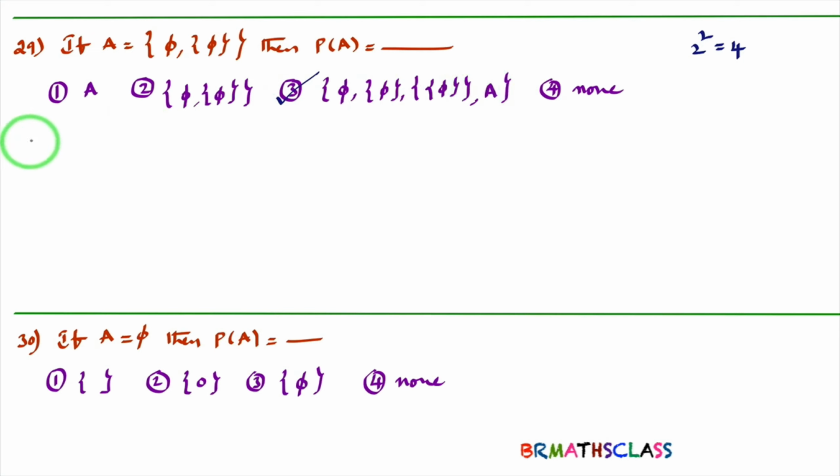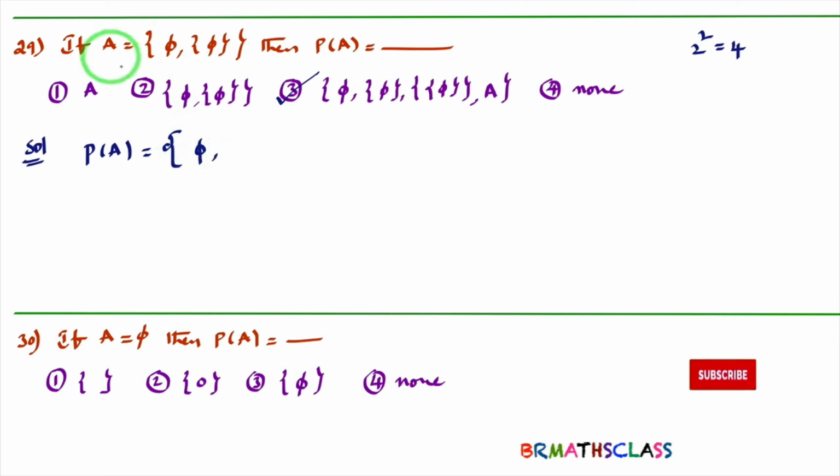However, if you want to write a solution in detail, what is P of A? P of A is the set of all subsets of A. Now I'll write all the subsets of A. We know that empty set is subset of every set. So first I'll write that. And we know that every set is subset of itself. So I'll write that. Okay.